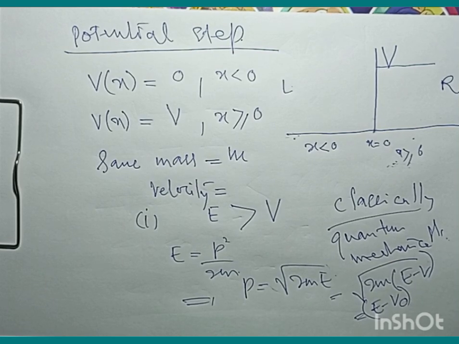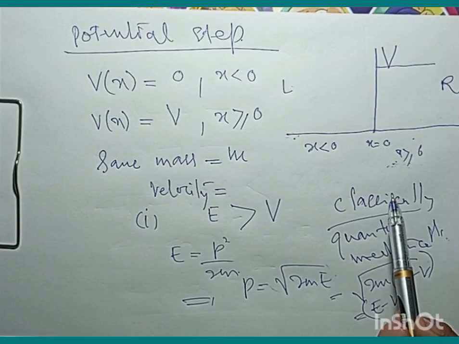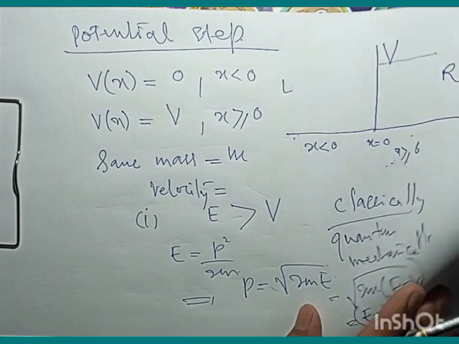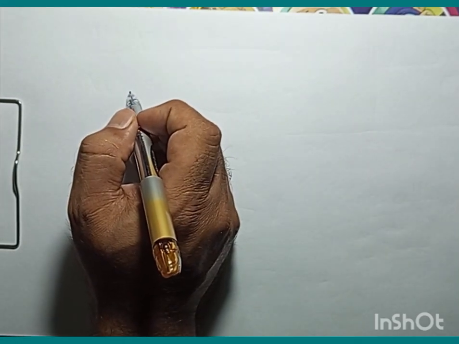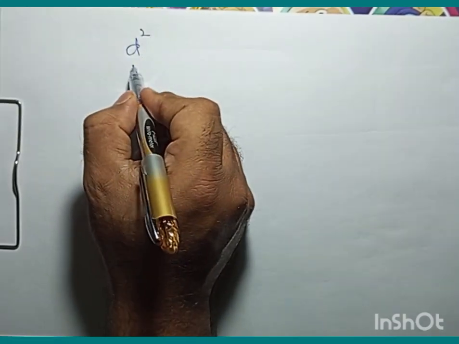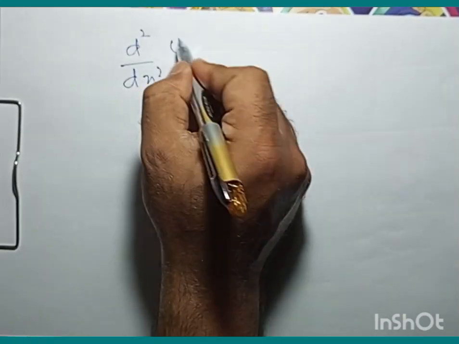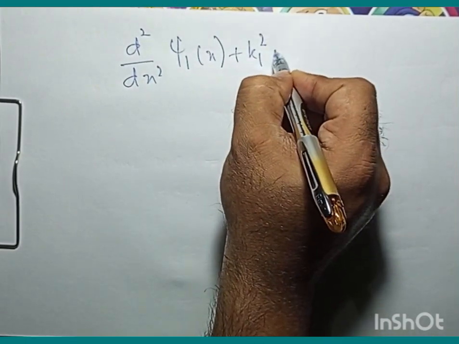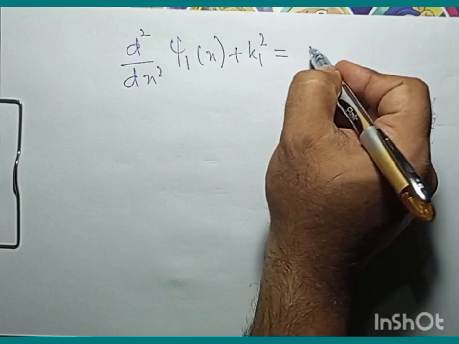Quantum mechanically, the dynamics of the particles is regulated by Schrodinger's equation, and we can write down Schrodinger's equation for the two regions that we have. So if I take region 1, say this is d2 by dx2 of psi 1 of x plus k1 square psi 1 equal to 0.